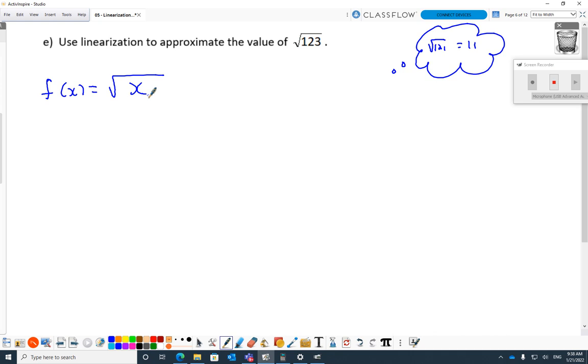Now, what's our close value that we can evaluate this thing at? 121, yeah? And we're going to use a value. So we want to approximate close to 121. Why 121? Because we can do 121. We want to start with 121.